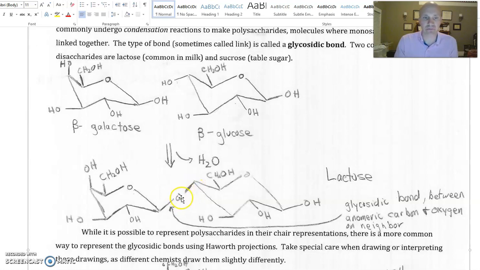This is oxygen carbon, this is oxygen carbon. So what is so special about this one right here? Remember, this is the anomeric carbon right here, and the chemistry of this makes this a less stable bond. So, for example, if we were to break this molecule apart, this oxygen would go with this monosaccharide right here, because this bond right here is a much stronger bond than this one right here.